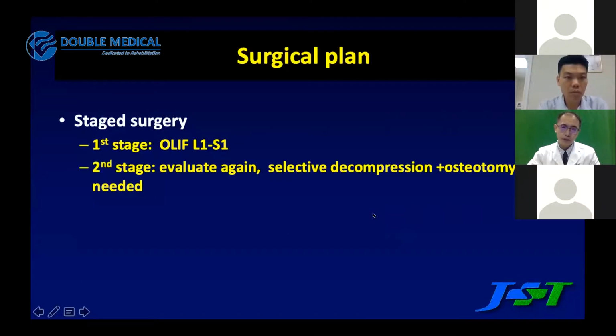For this patient, I also chose the staged surgical plan. For the first stage, I do OLIF from L1 to S1, and for the second stage, after the first surgery, I evaluate the patient again, radiologically and clinically, and then select to do a selective decompression and osteotomy if needed.